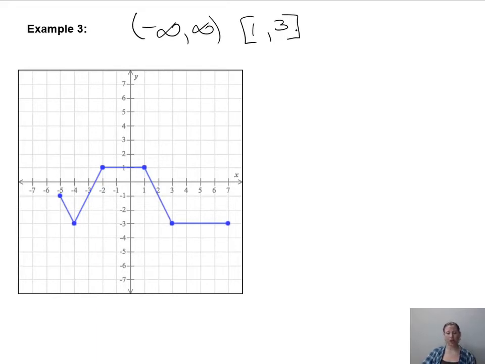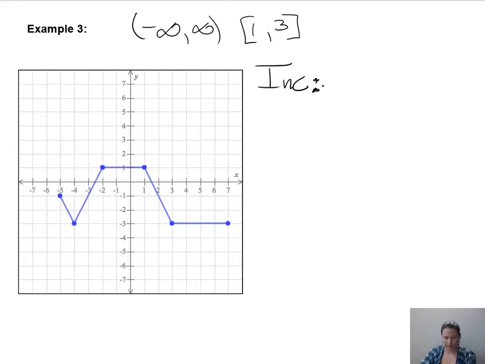Okay, so if we look at this here, we want to follow along and talk about increasing, decreasing, and constant sections. So let's put them in groups. Let's say our increasing pieces are going to be here. Let's just put commas in between the groups that we find. Where's our first increasing piece?